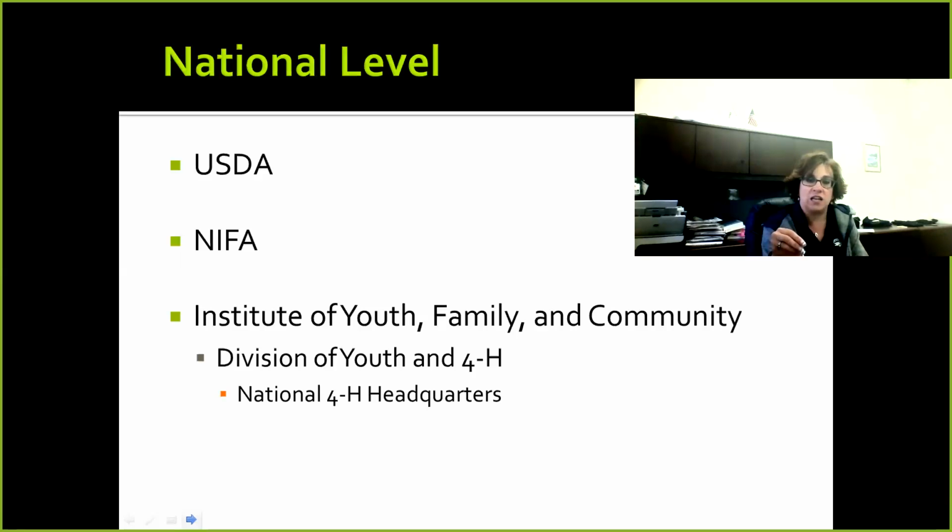Also, if there is an issue with the name and emblem, with the Clover, or the use of 4-H youth development or 4-H club, then that can go to USDA. I have had businesses, organizations, or different groups turned in to USDA for misappropriating or misusing the name and emblem.